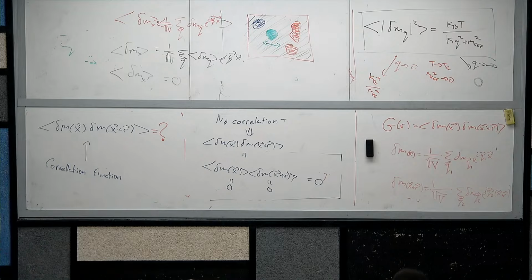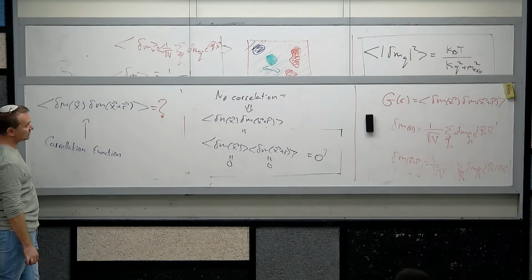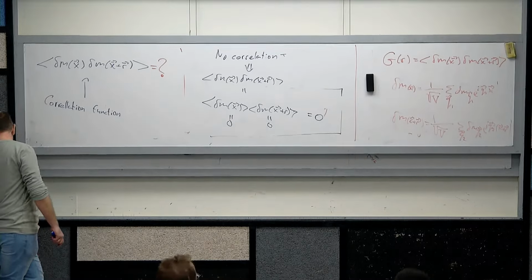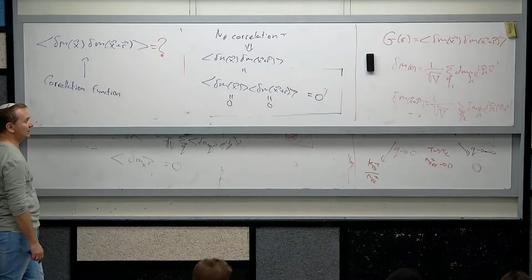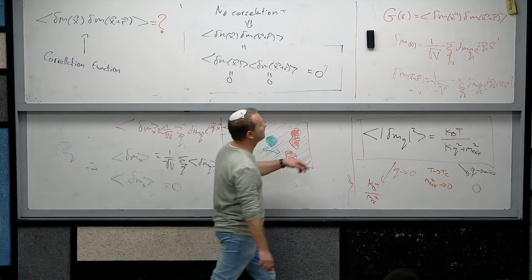Now we plug it inside this average, and we start to do a lot of algebra. Not that we haven't done a lot of algebra so far, but we are going to do a lot more.